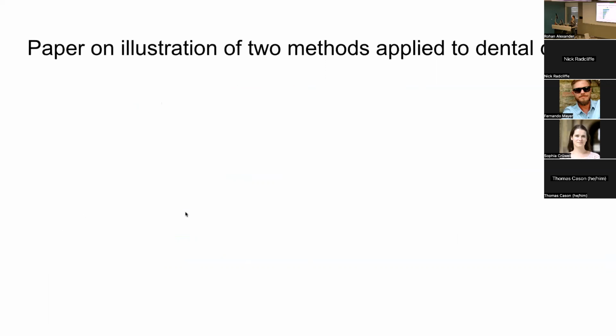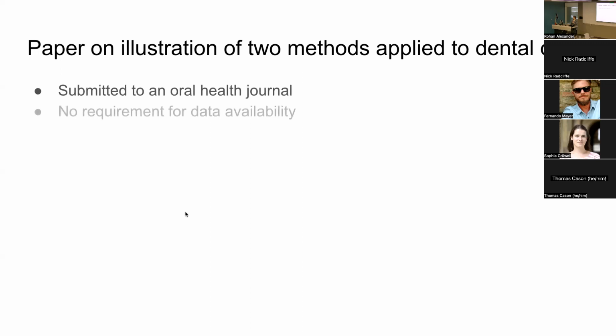Okay, but in our recent paper that we submitted, in which we illustrate 2 methods applied to dental data, I'm not going to talk too much about the actual paper because it's still under review, unfortunately. We submitted it to an oral health journal, and they didn't require the data to be available.